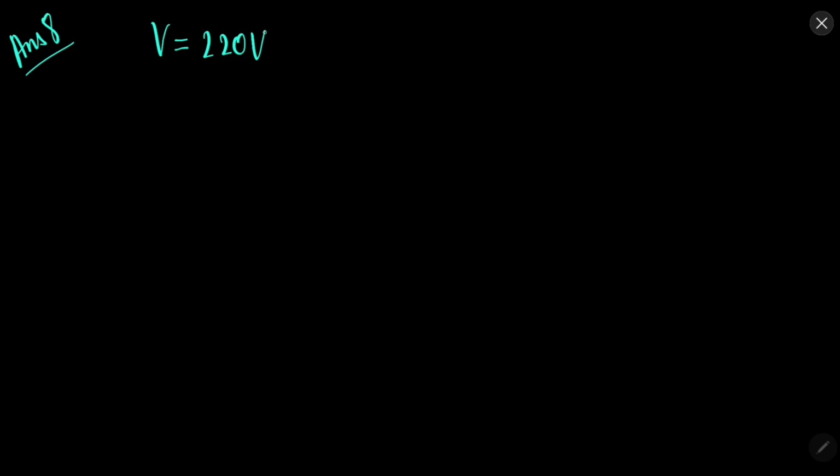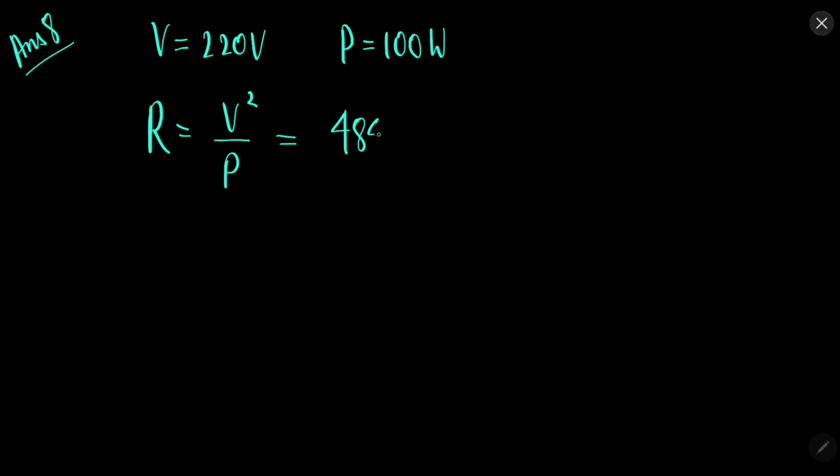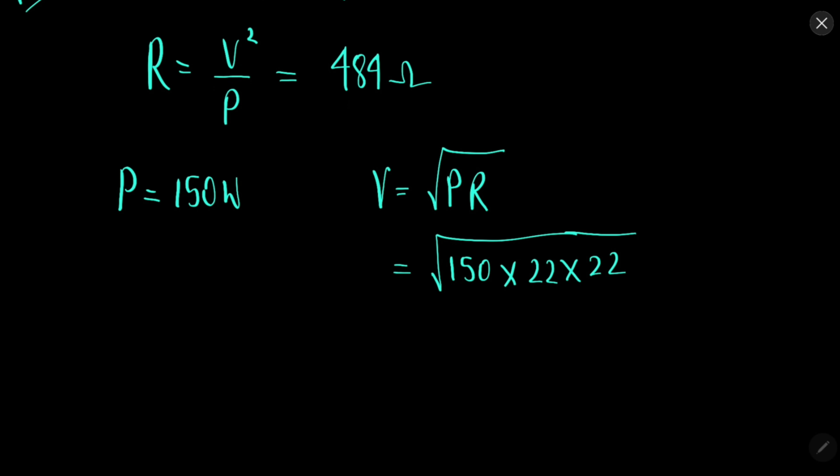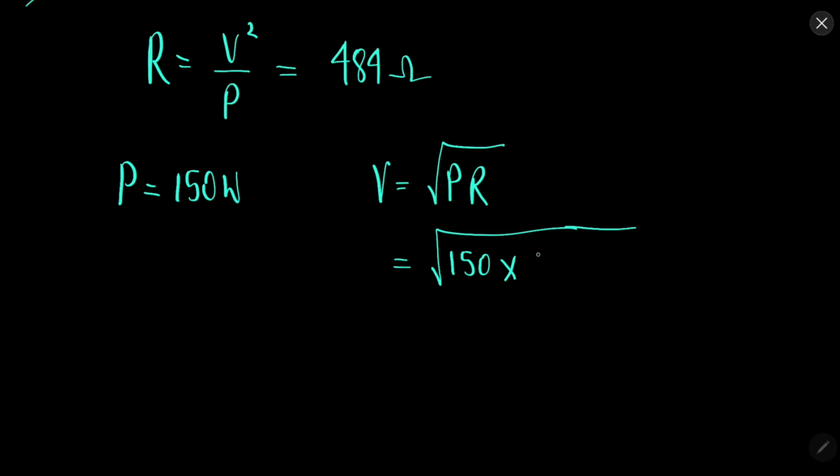V 220 volt, power 100 watt. Resistance V square over P, 484 ohms. Now if power is 150 watt, then what will be the voltage? It will be root PR, root 150 into 484.